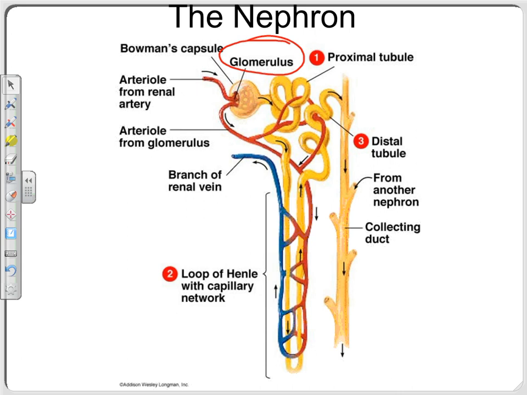The proximal convoluted tubule is where tubular reabsorption happens, and also this big long U-shaped loop called the loop of Henle. So reabsorption happens in the proximal convoluted tubule and the loop of Henle.